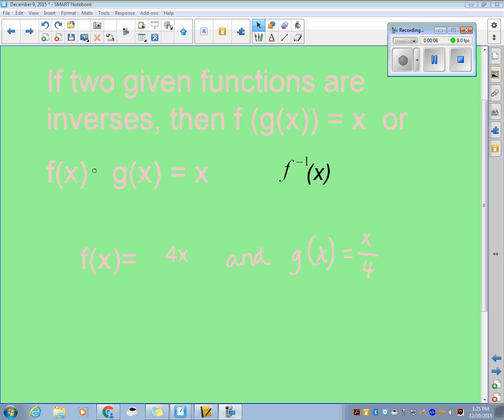of functions notation. So what we're going to do is plug the g function into the f function, and if the result is x, then these are inverse functions.